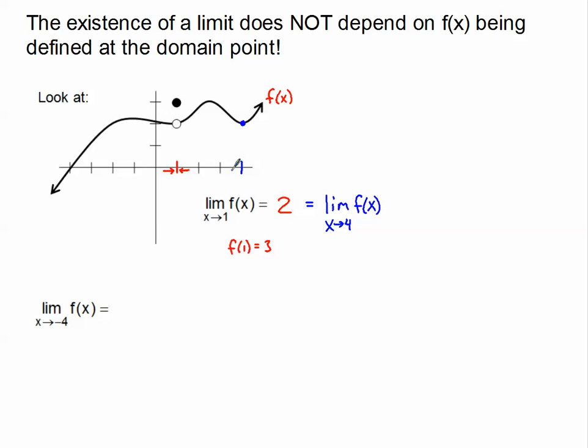Now this actually equals 2 as well, because we actually have a nice closed dot. Again, that doesn't really matter though, as long as when we're getting closer and closer to 4 on the left side and closer to 4 on the right side, our function is approaching this dot. And it happens to actually be that f of 4 is equal to 2.